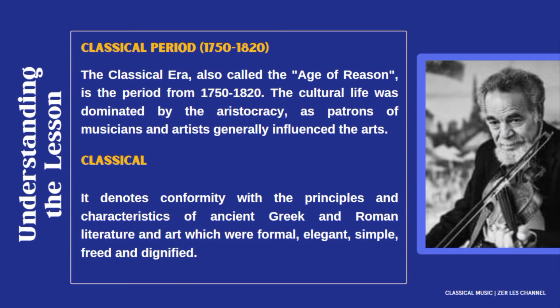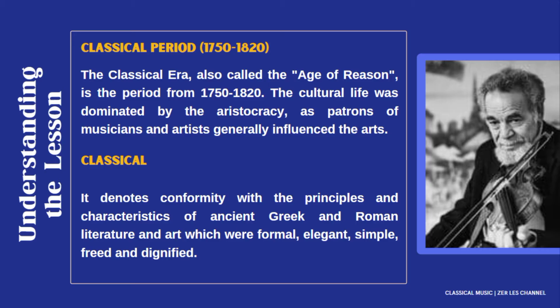For better understanding of the lesson, let us define classical period first. Classical period existed in the year 1750 and then ended up in the year 1820. The classical era, also called the Age of Reason, is the period from 1750 to 1820 as mentioned.